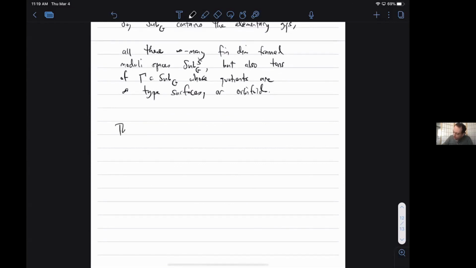And maybe just to end with the theorem. Here's one thing that we prove. It's a short theorem, a few pages.